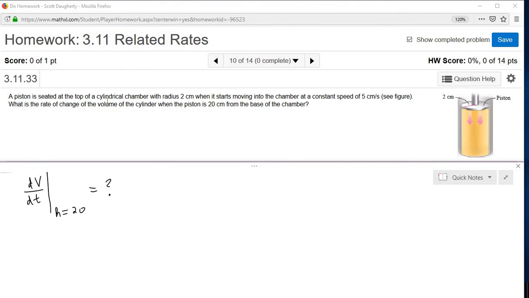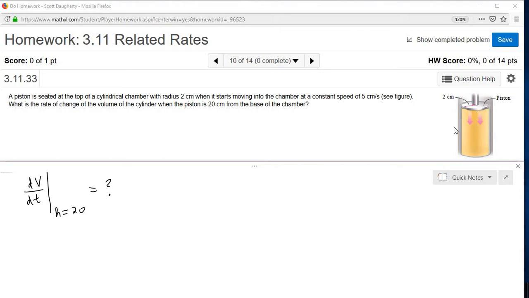Then if you read through the problem, we're also given one of the rates of change. If you notice here, it says it starts moving into the chamber at a constant speed of 5 centimeters per second. Well, that's a rate of change. They're telling us that this little circular piece is moving into the chamber at a rate of 5 centimeters per second.